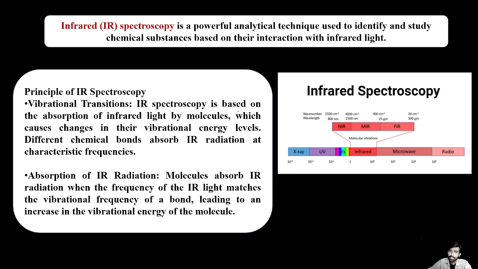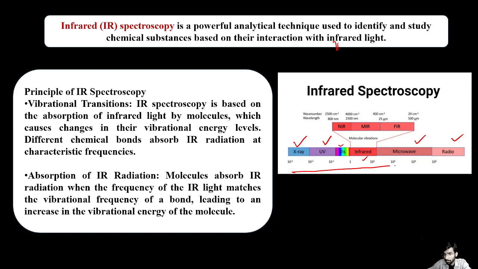Another kind of spectroscopy is infrared spectroscopy. IR spectroscopy is a powerful analytical technique used to identify and study chemical substances based on their interaction with IR light. Here I have given the exact order: this is X-ray, this is UV, this is visible, this is IR, this is microwave, this is radio wave.